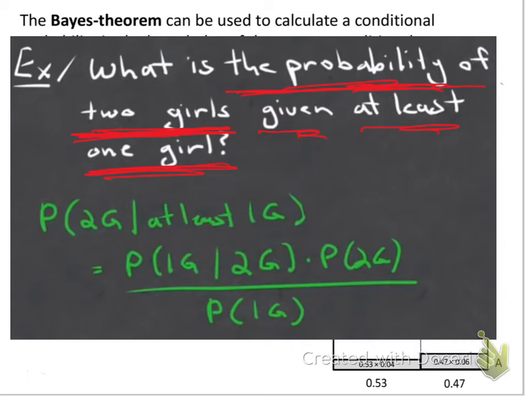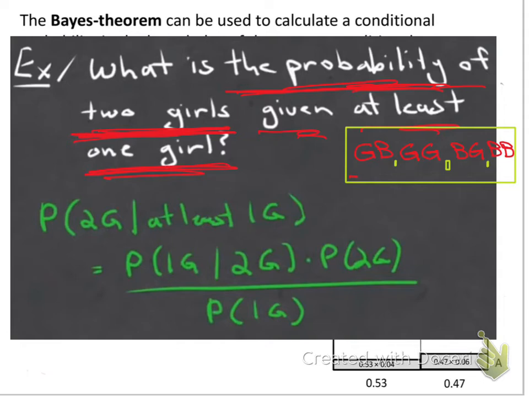Coming back to the probability, what are the possible scenarios that we have? The first one girl and second one boy, or the first one girl and second one girl, or the first one boy and second one girl, or the first one boy and second one boy. These are the possible outcomes.